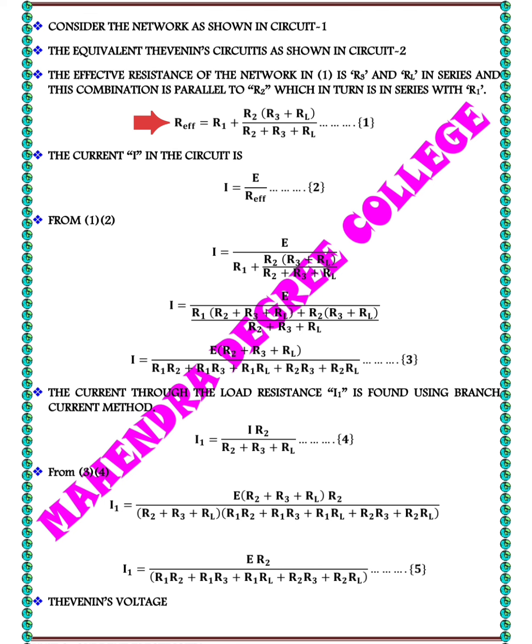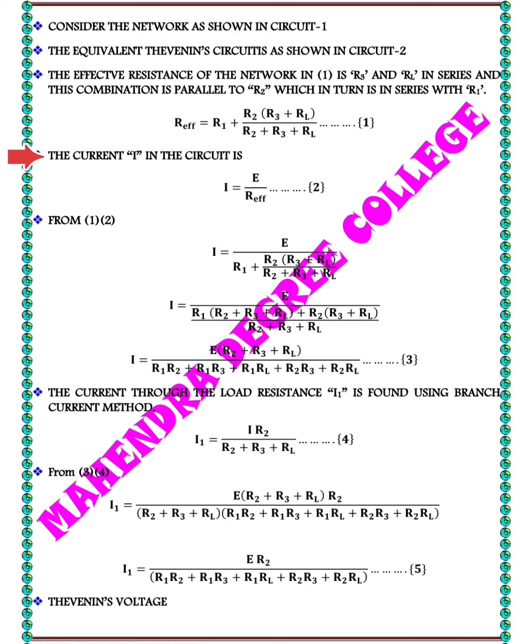This result is in series with R1. So, the total effective resistance is finally R1 plus R2 into R3 plus RL by R2 plus R3 plus RL. This is equation number 1.